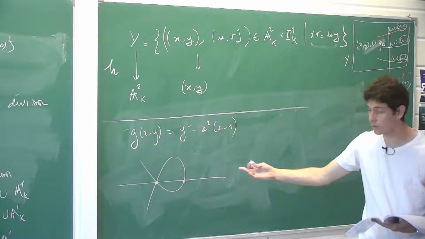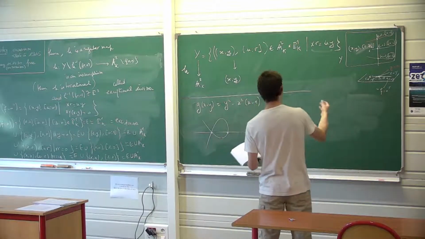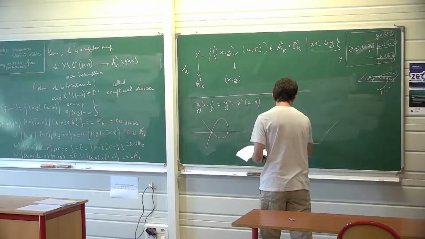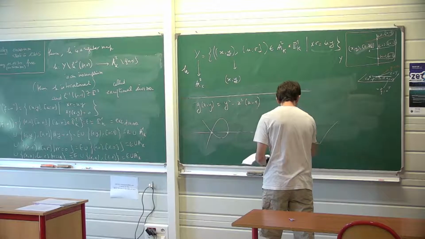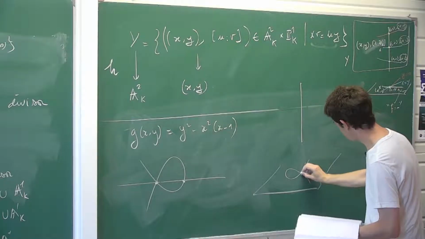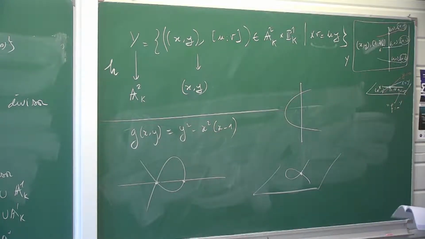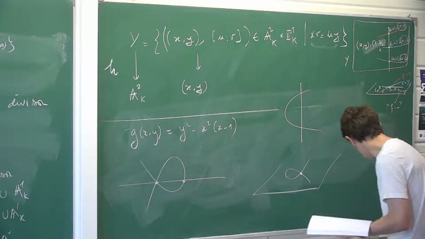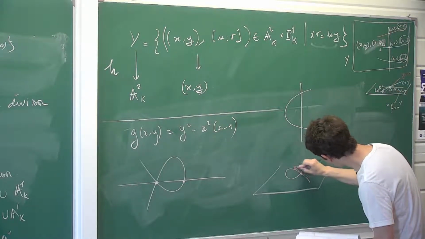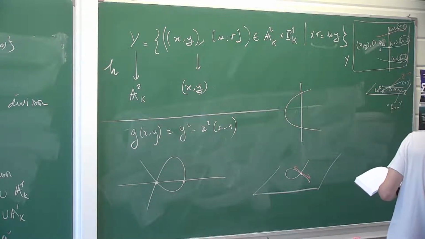So you have a curve like this, okay? And then if we apply the inverse image of H, we will have something like this. So the curve will be lifted like this, and here you have the two tangents.